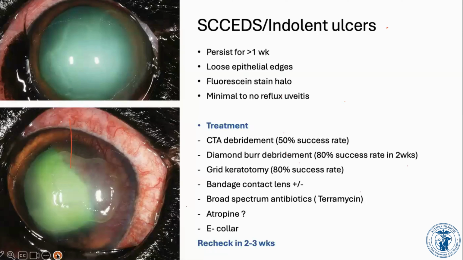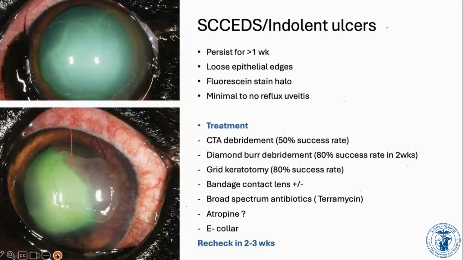So CTA debridement is nothing but you take a proparacaine eye drop, desensitize the eye, and with a normal cotton tip applicator, CTA, also known as earbuds, so we can just use the earbuds also.